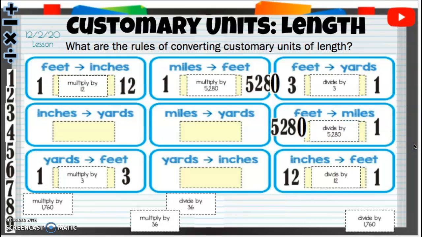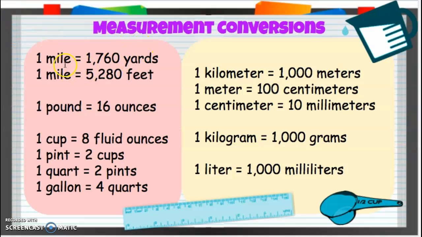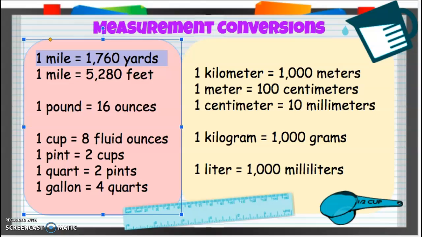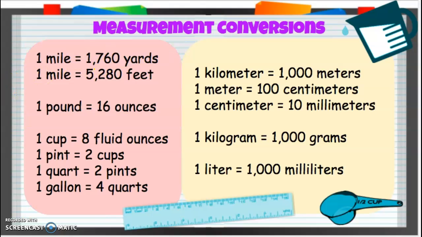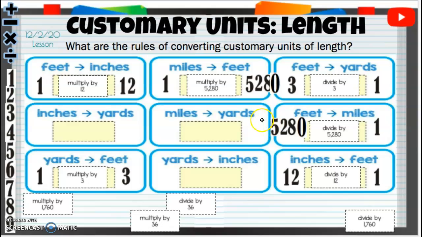All right, now we have miles to yards, and then inches to yards and yards to inches. Let's do miles to yards, because up here we do have a conversion for miles to yards, and this you will be able to use forever. Well, for the most part. So 1 mile equals 1,760 yards.